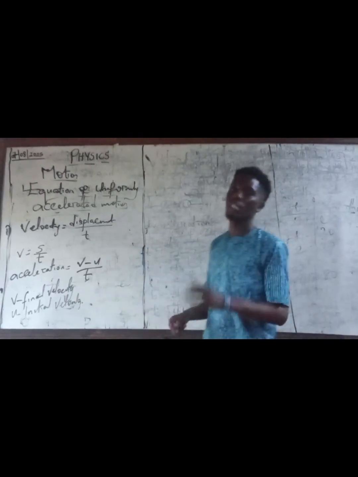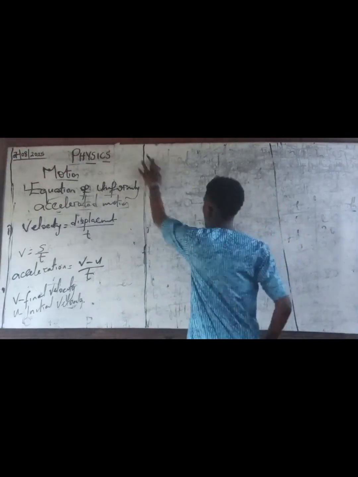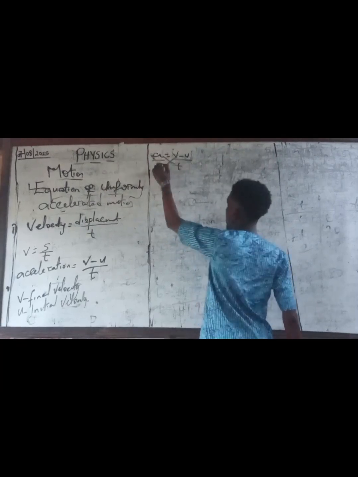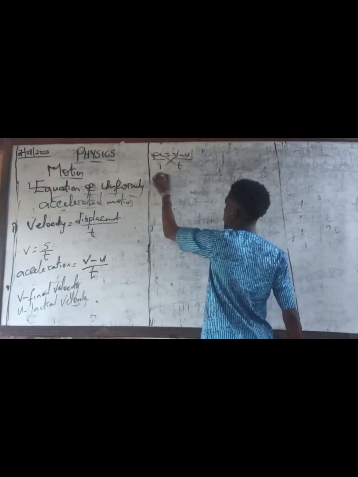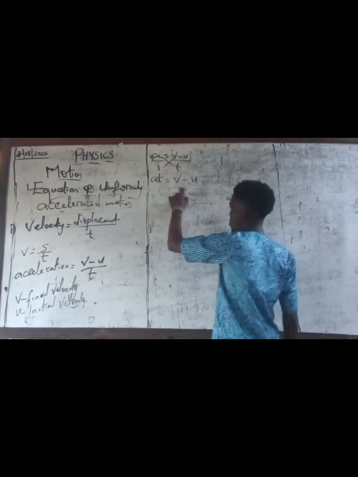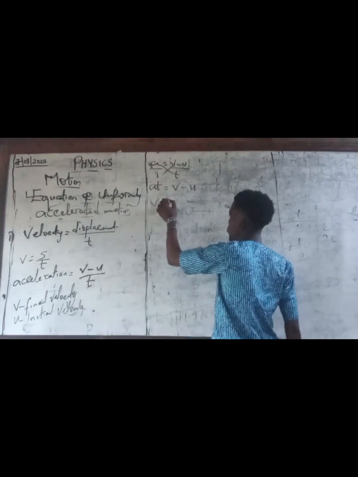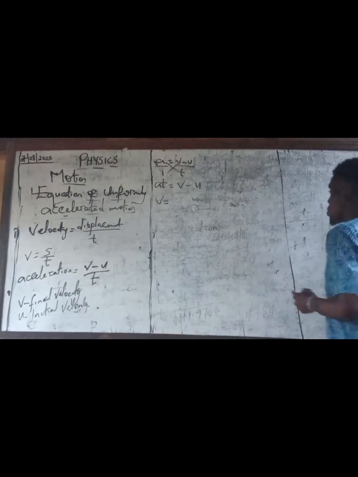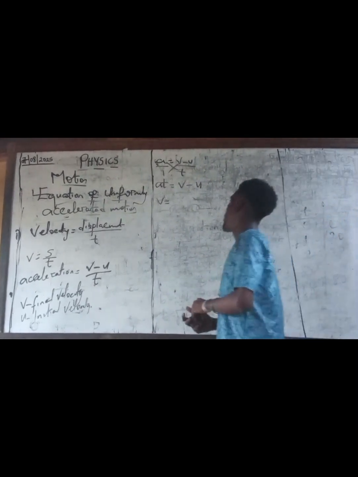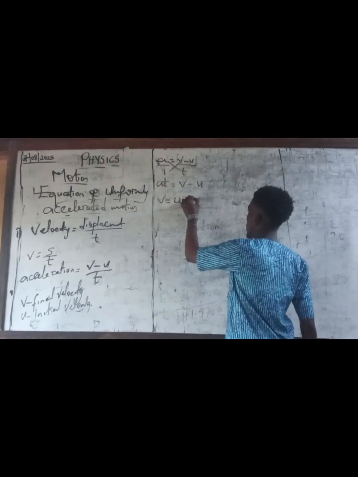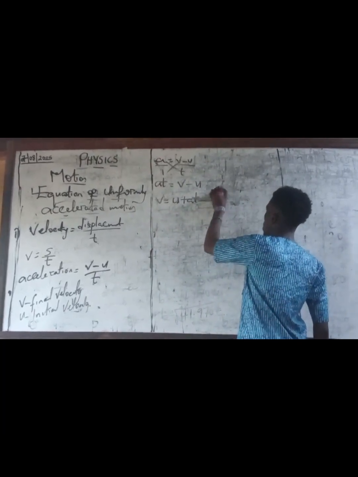So that's the formula for calculating acceleration, which leads us to the first equation of motion, which is, acceleration is equal to V minus U over T. So once you cross multiply this is A times T, that's AT, and this is V minus U. And then when you make V subject of formula, you have V to be equal to U plus AT. So this is equation 1.